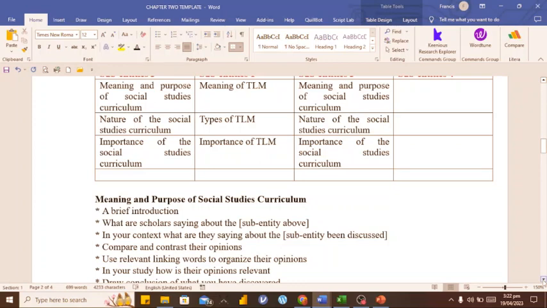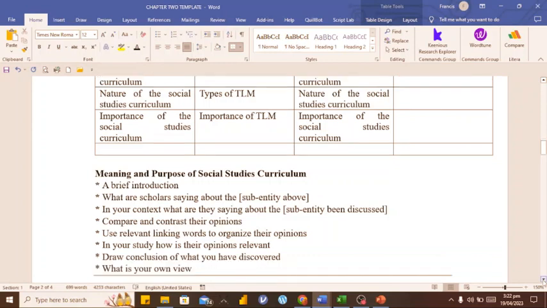Then you compare and contrast the various opinions of the researchers. When you compare, you also begin to talk about how their opinions are relevant in your study. Then from that, you draw some conclusion.